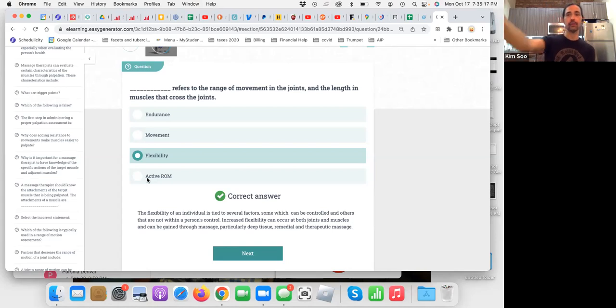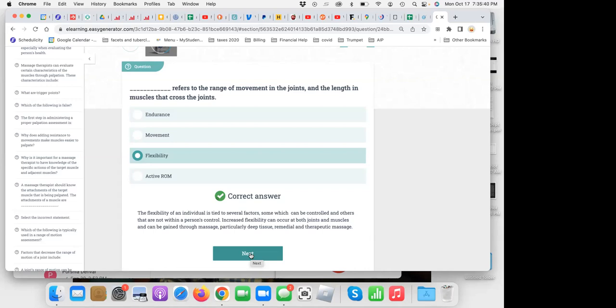You have someone do active range of motion of the elbow in order to determine the flexibility of the elbow and the flexibility of the muscles and the tendons. Is that making sense? Anyone not understand?